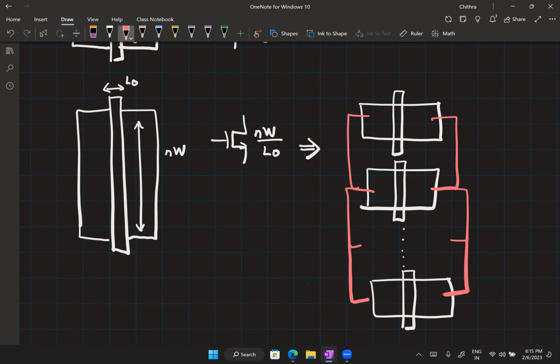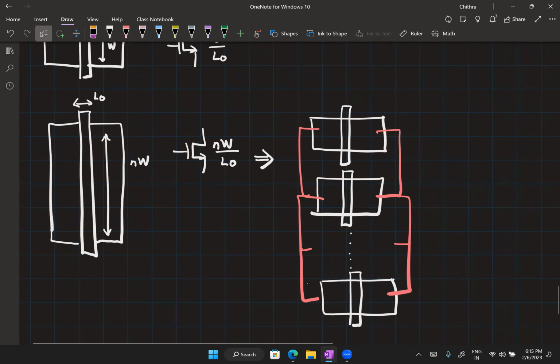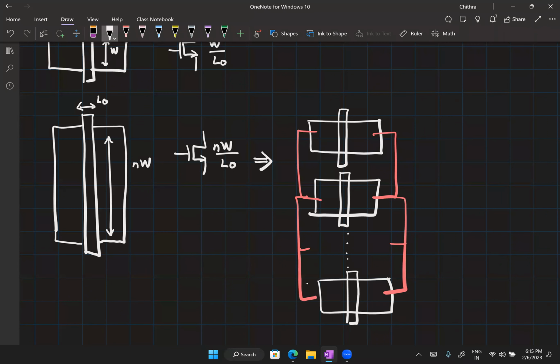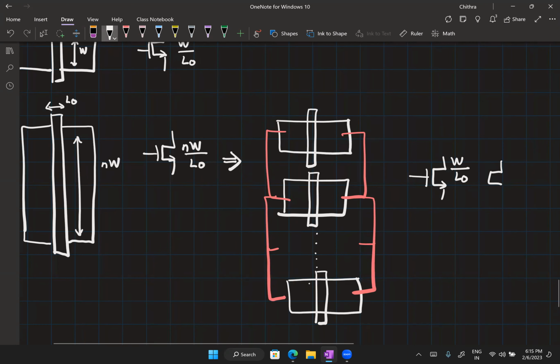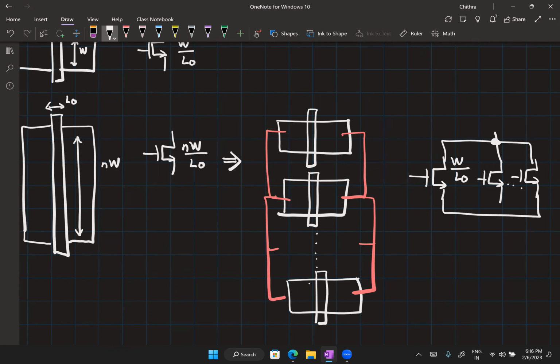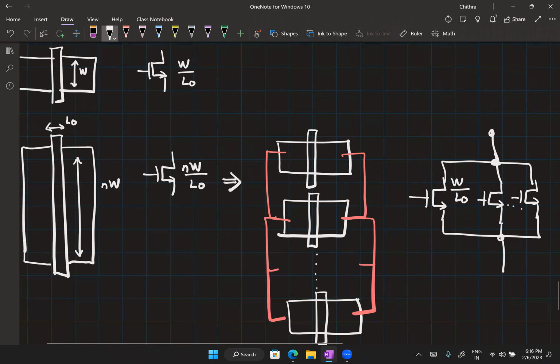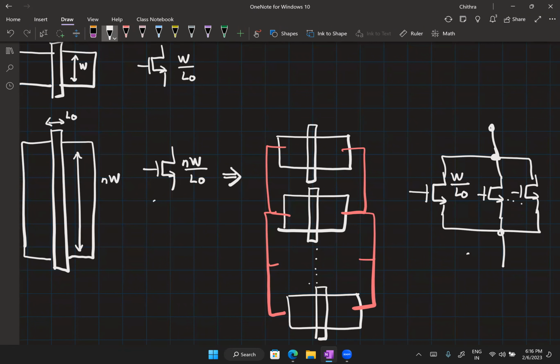So they are equivalent. So here all that I've done is I've taken one transistor which has W by L0 as the size. Now I have cascaded N such transistors. And all their drains are shorted, all their sources are shorted. So if I were simply looking at the voltage and current relation, both of these will have the same current.